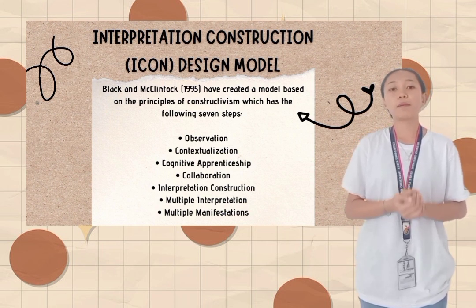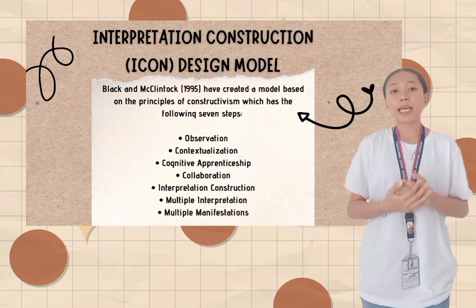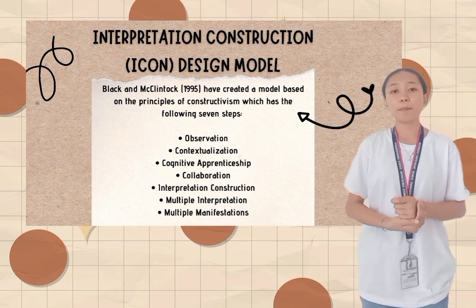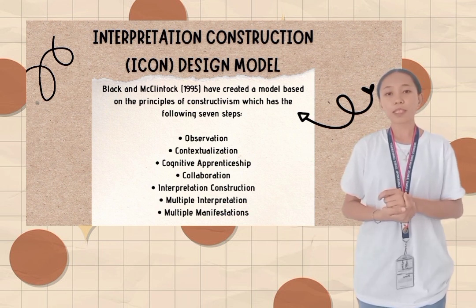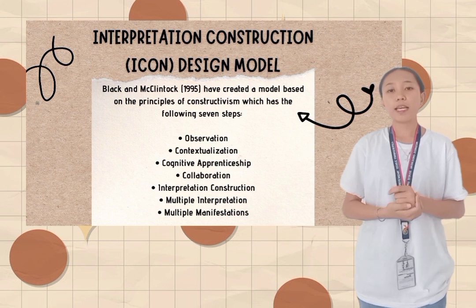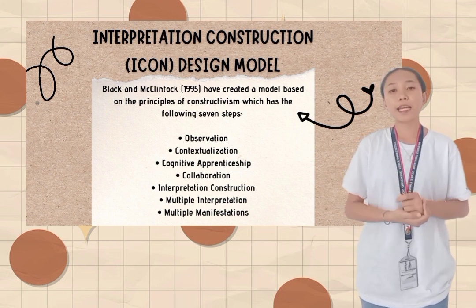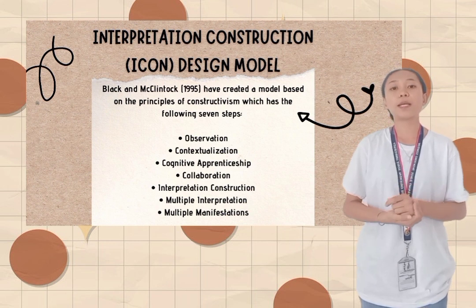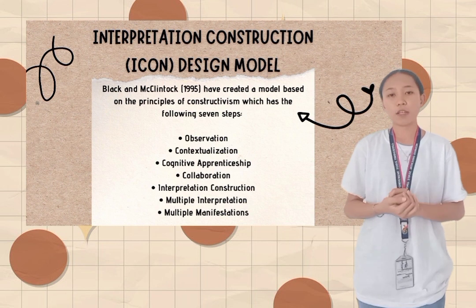The next one is the multiple interpretations. Here, the students gain cognitive flexibility by being exposed to multiple interpretations. And the last one is the multiple manifestations. The students gain transferability by seeing multiple manifestations of the same interpretations.